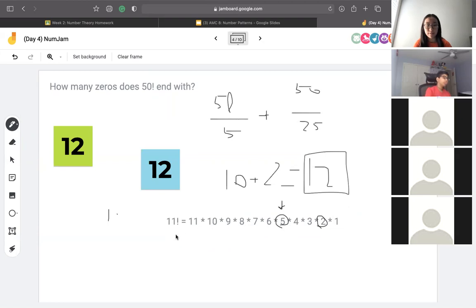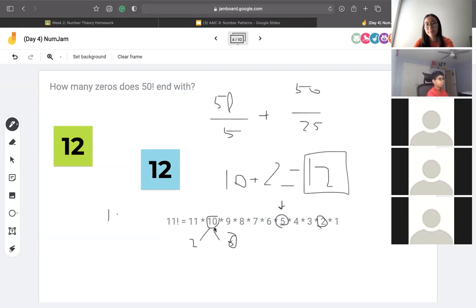We just count how many 5s there are. So in this 10, there's going to be a 2 and a 5. If we just count the 5s, we get 1 five in this 10, which is the correct number of zeros because this 10 contributes 1 zero.